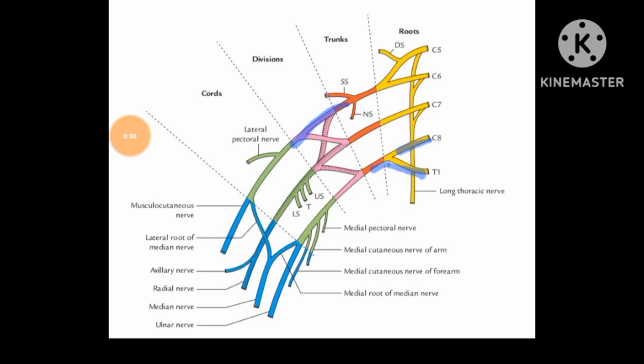Coming to the medial cord, the anterior division of lower trunk continues as medial cord. This is the medial cord. The posterior division of all three trunks, this is the upper trunk posterior division, middle trunk posterior division, this is the lower trunk posterior division, joins to form the posterior cord.